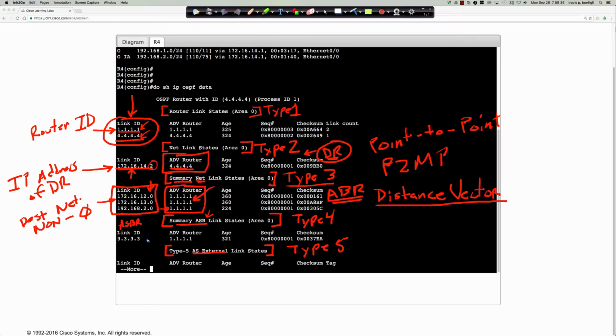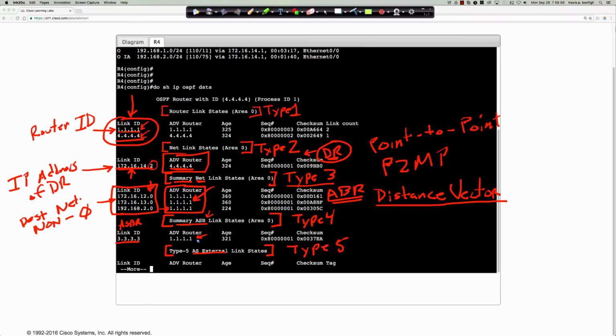How to get to the ASBR, and that is what this LSA is all about. And so when we look at the type 4 LSA, you can see that we have the link ID and then the advertising router again.